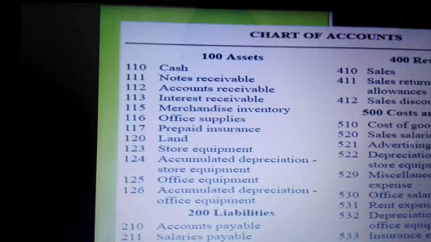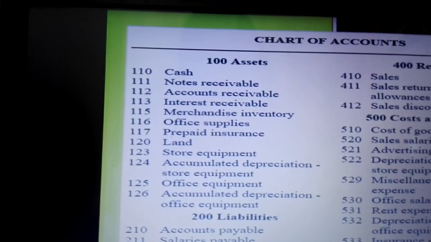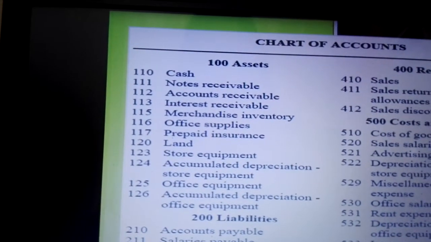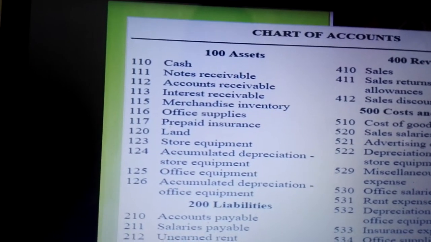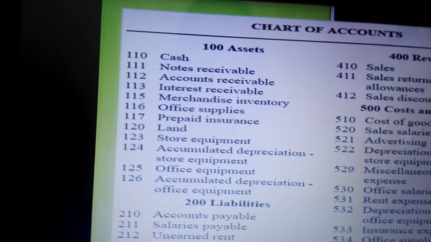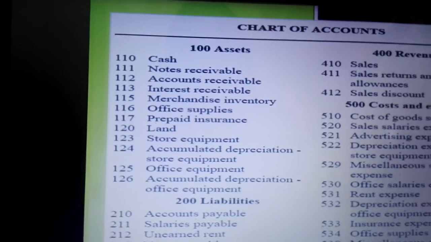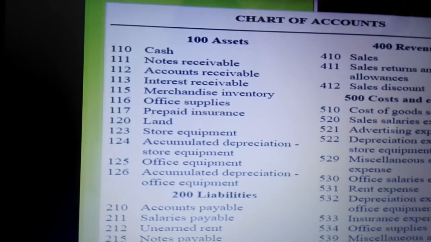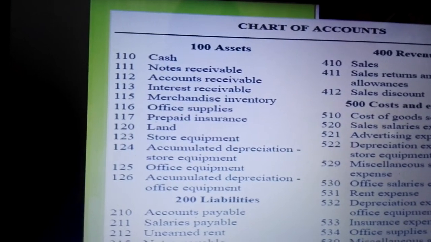Remember, the assets increase once there is an investment on the first day of the transactions or the beginning of the company. And also, whenever the company receives money for every transaction, that gives an increase in the cash, which is under asset.